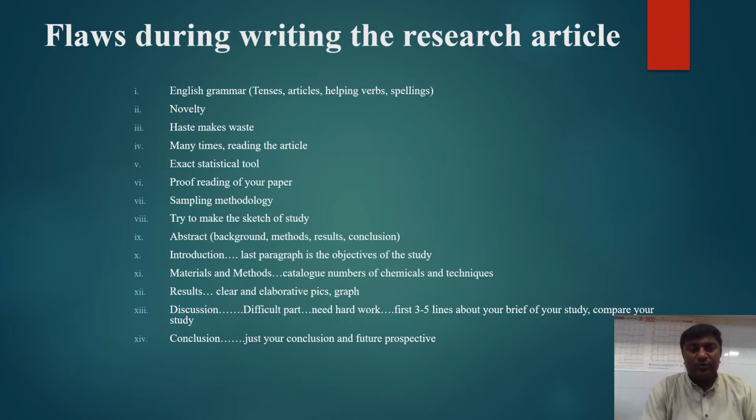And the next thing is proofreading of your paper, which means that when you have completed your research article, you should give it to your supervisor, and he will read your research article. It means that it is the proofreading.